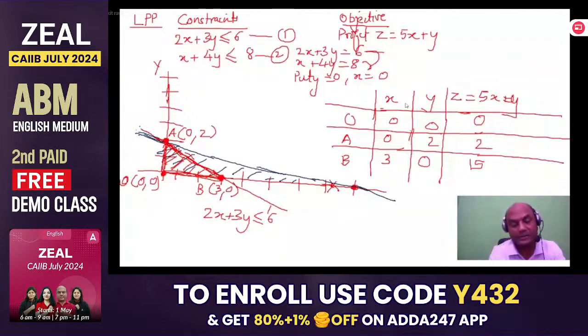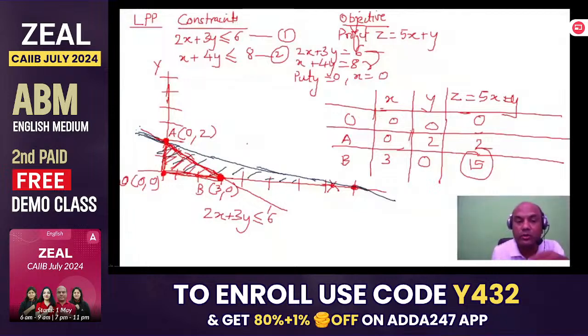Correct, I'll take the maximum. So at which point am I getting the maximum? This is my answer. My z value is maximum at the point 3, 0. So 3, 0 is my optimum solution.